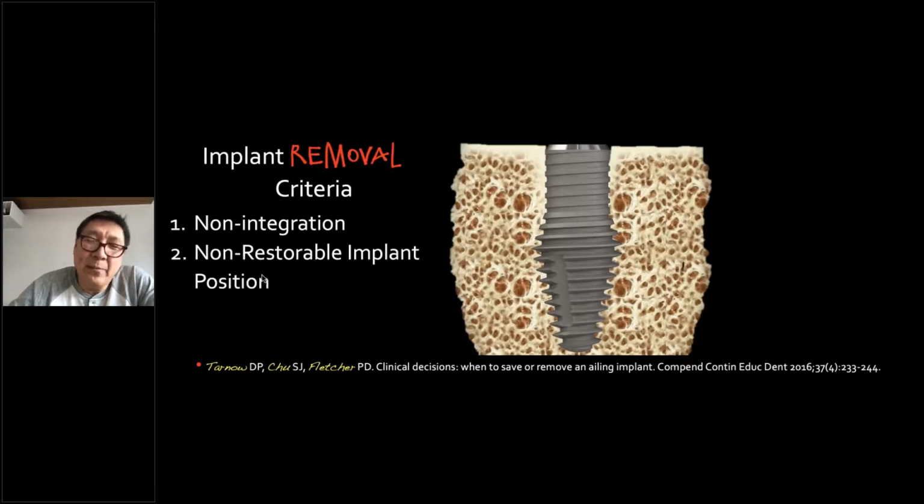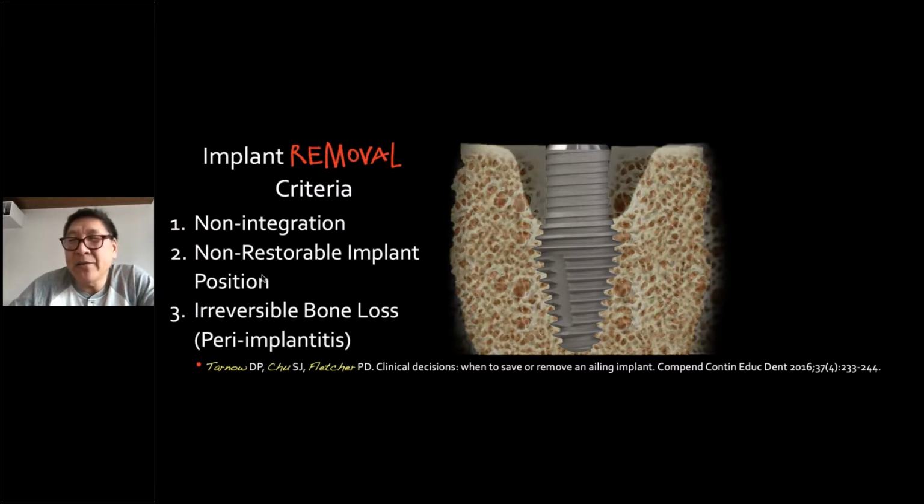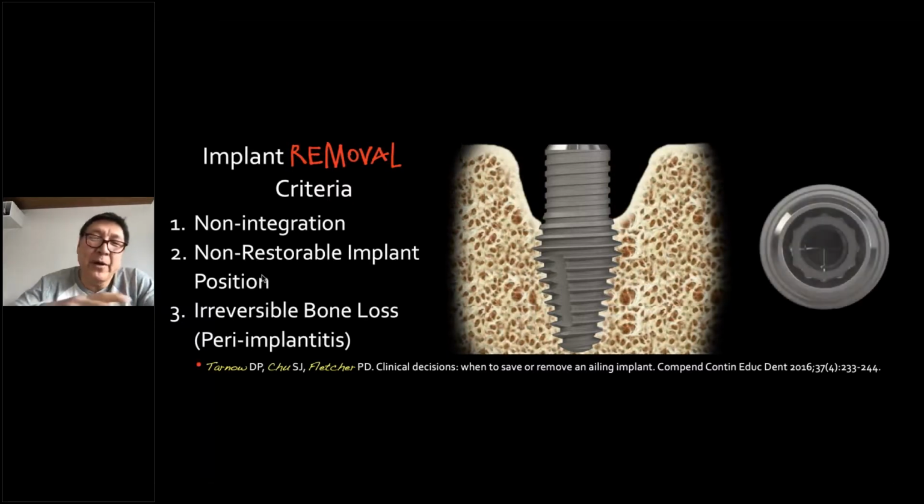If the implant is in a poor position and it's non-restorable, there's usually probably no bone around it. And if it has suffered peri-implantitis or irreversible bone loss, say you've lost 40% of the bone around the coronal aspect of the implant, then it shouldn't be that hard to remove. It is cylindrical with shallow threads, which would allow you to do implantoplasty.